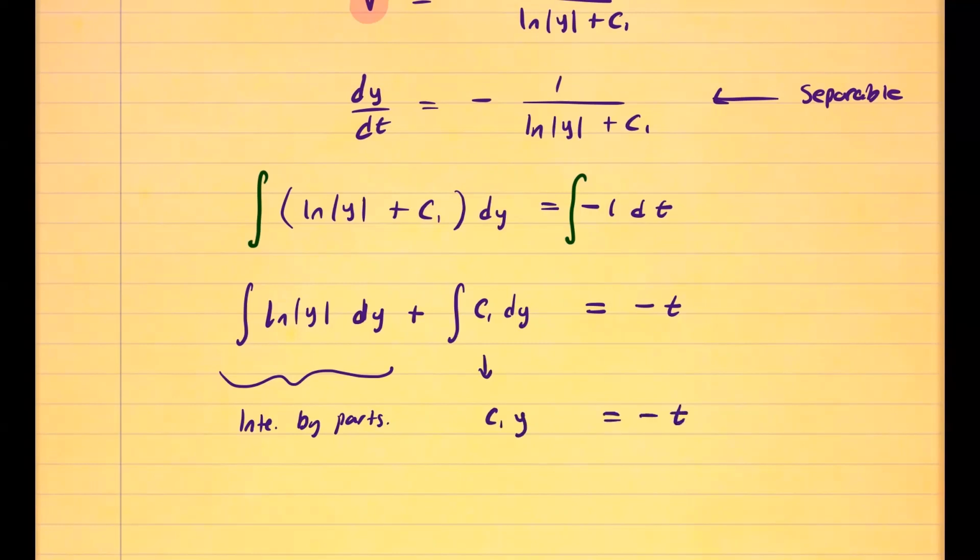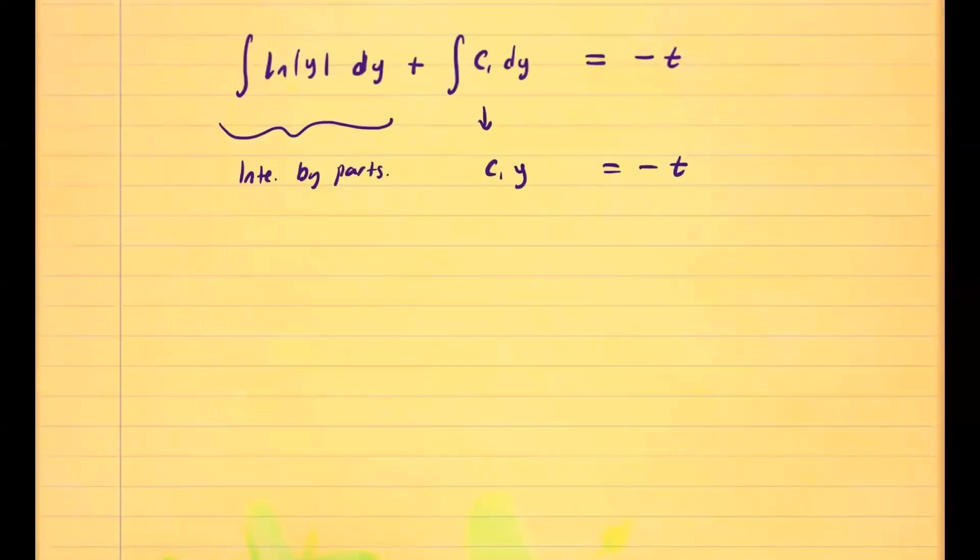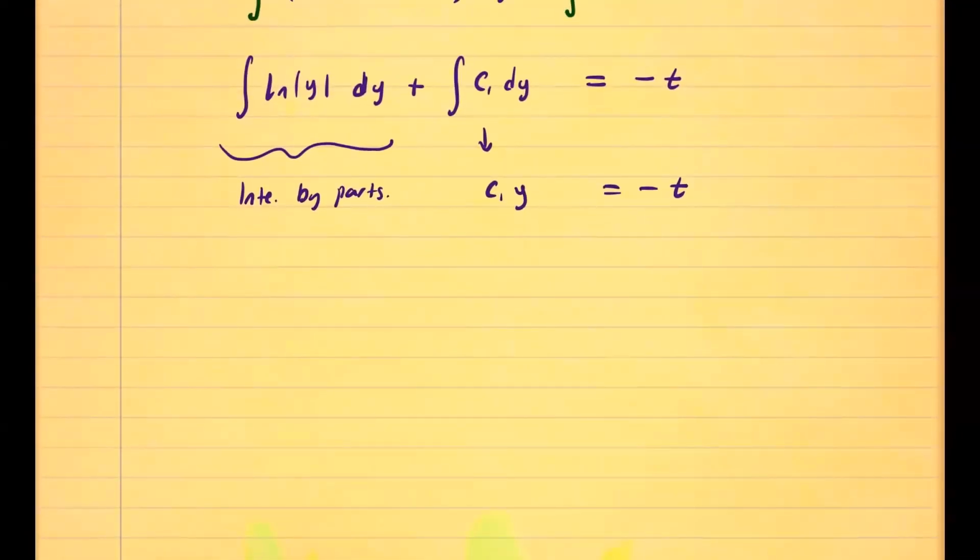Holding on to my constant. So how do we do this? Well, we're going to be using integration by parts for the left-hand side integral. We pick a u and we pick a dv. So I'm going to pick u to be natural log of y. Now here, to simplify a lot of the stuff, you could remove the absolute value and assume y is positive.